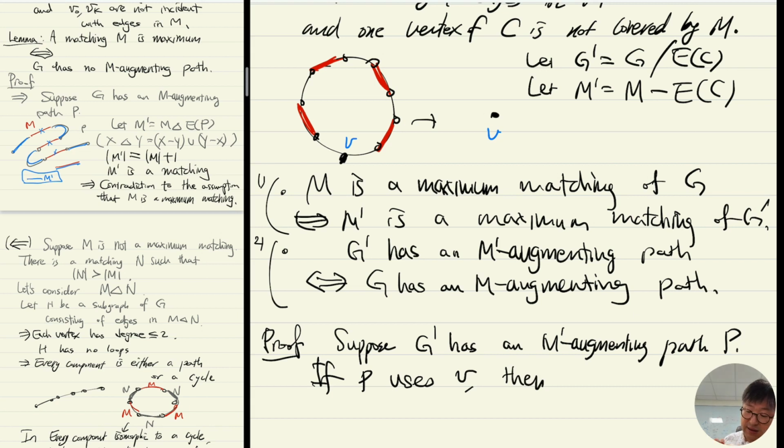Since V is not covered by M prime, P is a path ending at V.